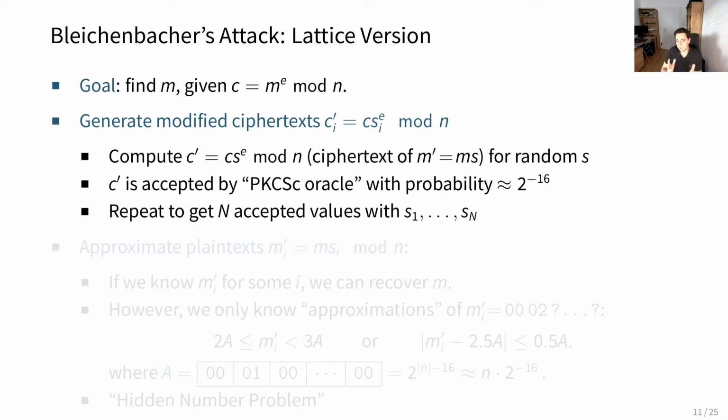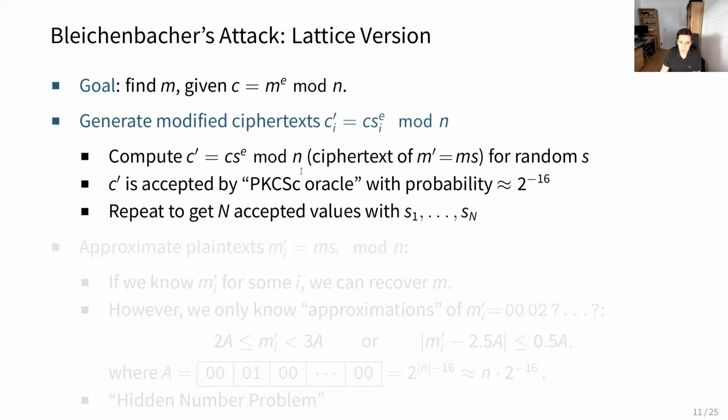And essentially you will be successful in this step for a particularly chosen s with a probability of approximately 1/2 to the power of 16. And you repeat this step until you have sufficiently many values of s such that for all of these values of s, the oracle answer was true or successful.